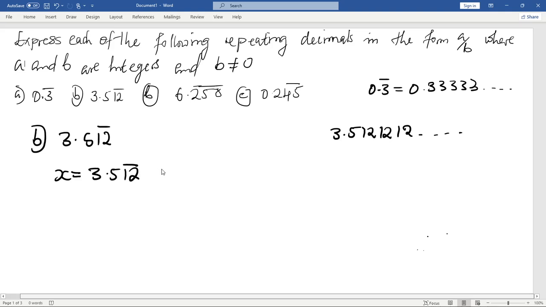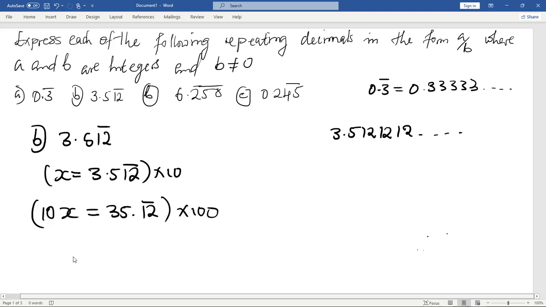So we multiply the entire equation by 10, and we simply have 10x equal to 35.12 bar. Now our goal is to move this decimal place twice to the right, so we can multiply this equation by 100.